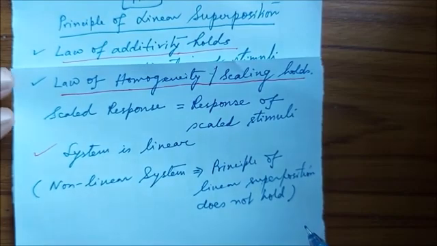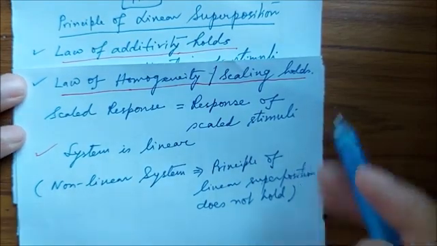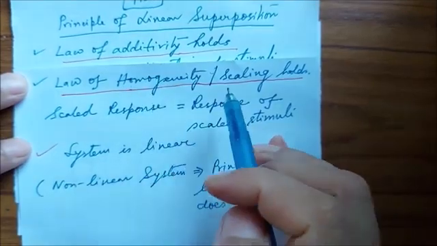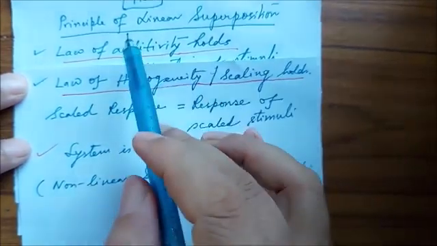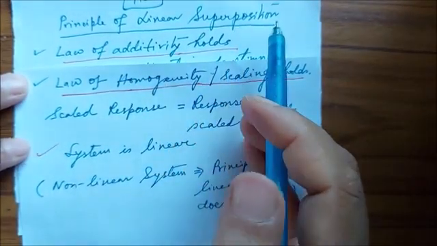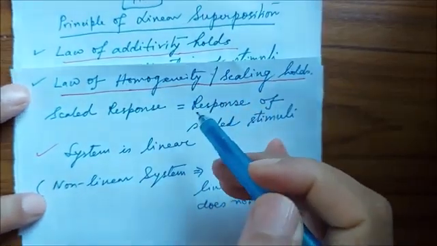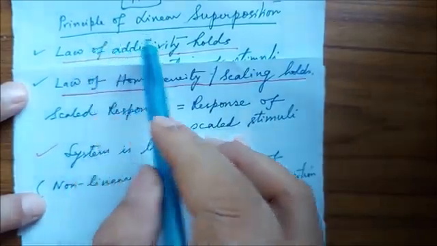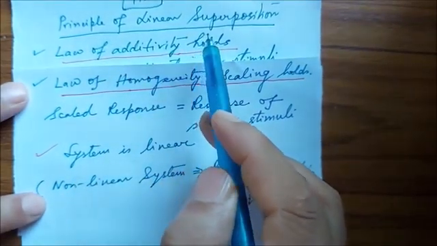One thing should be cleared, that both the laws, that is the law of additivity and the law of homogeneity or scaling, hold for the principle of linear superposition to hold. And in fact, if any one does not hold, that means the principle of linear superposition does not hold.